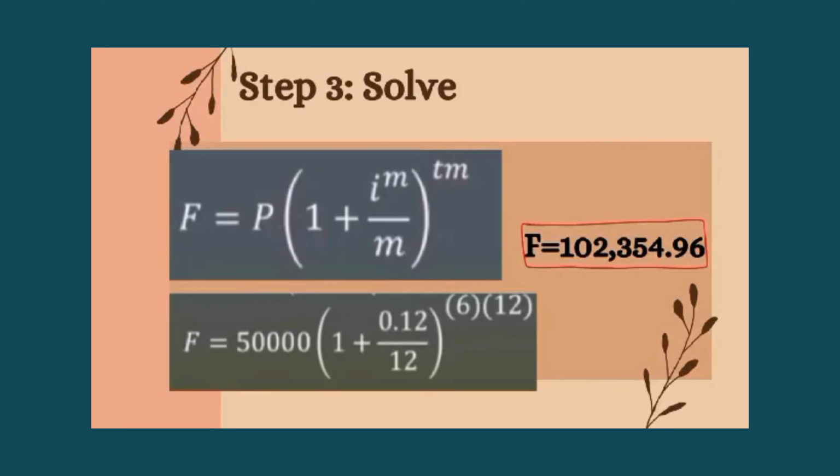Given the formula, and then next you will write the given, which is the 50,000 for P, open parenthesis 1 plus IM, which is 0.12 over 12, to the power of 6 times 12. And the answer for that is 102,354.96.